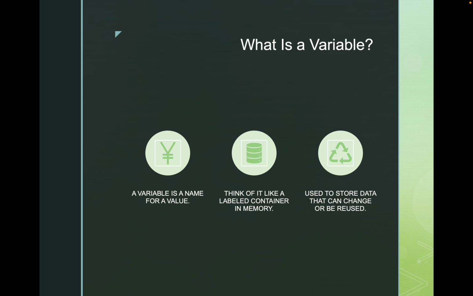Okay, so let's go. What is a variable? A variable is basically a name for a piece of information. Think of it like a labeled container, and you can put something inside, like a number or a piece of text, and you can refer to it later by its label.